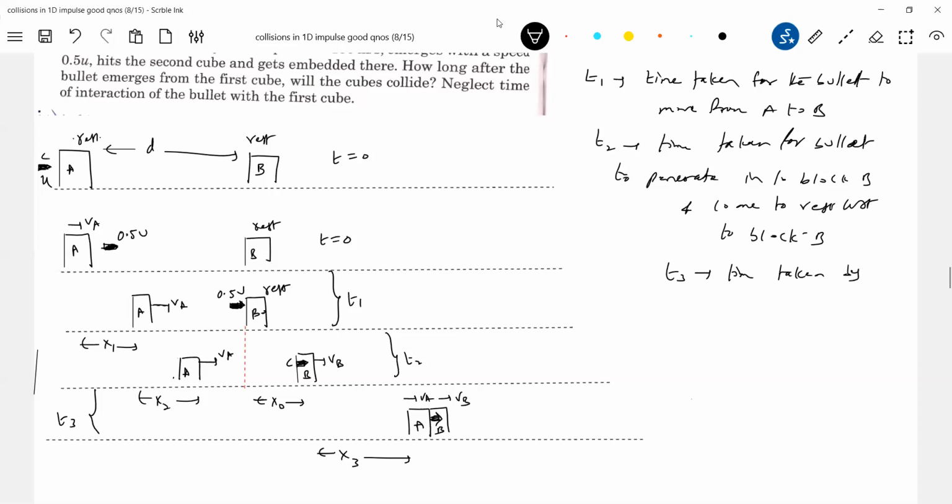Time taken by block A to move from this position, not the initial position, from a certain position, and to reach the block B.